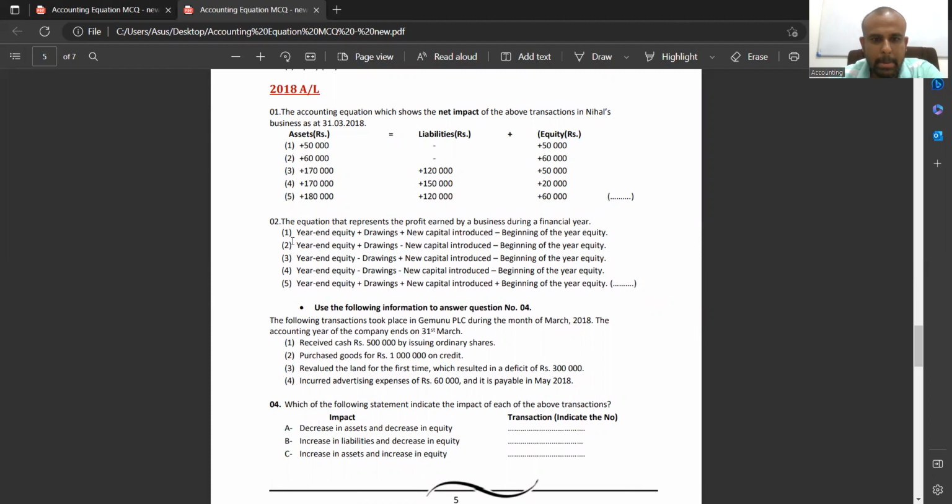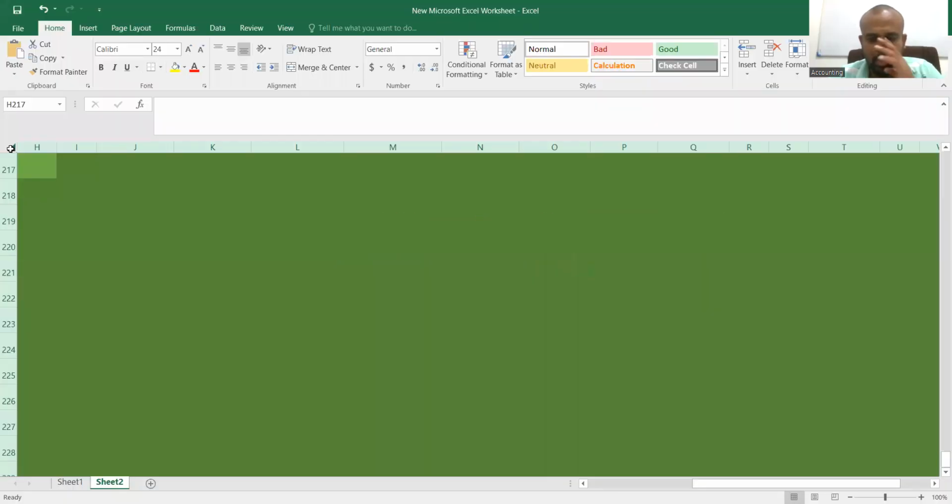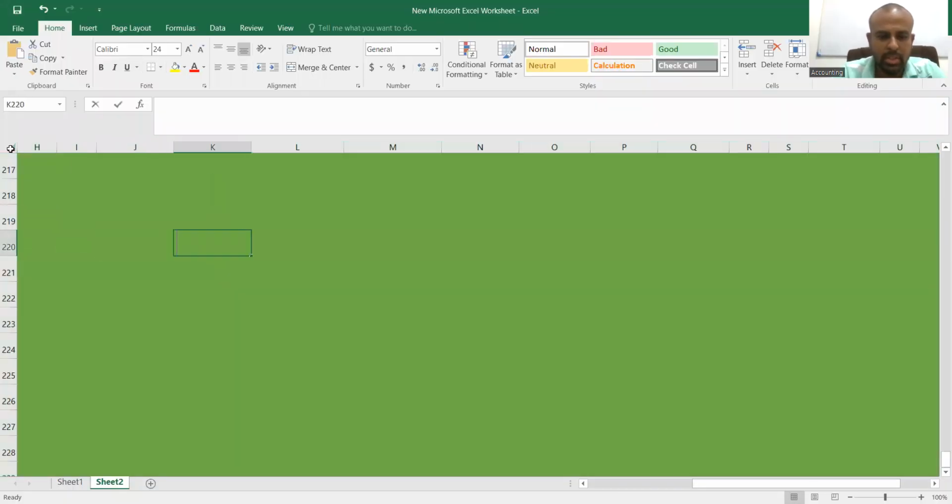The equation that represents the profit earned by the business during a financial year. They have given the profit equation. Could you tell me how you are supposed to calculate the profit using the profit equation? What's the formula that you're supposed to use? Profit of a business, you could calculate how?